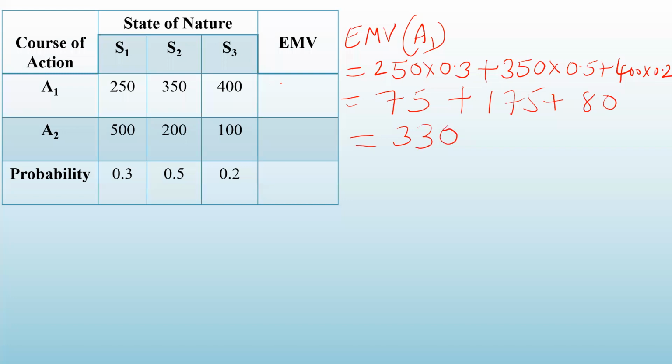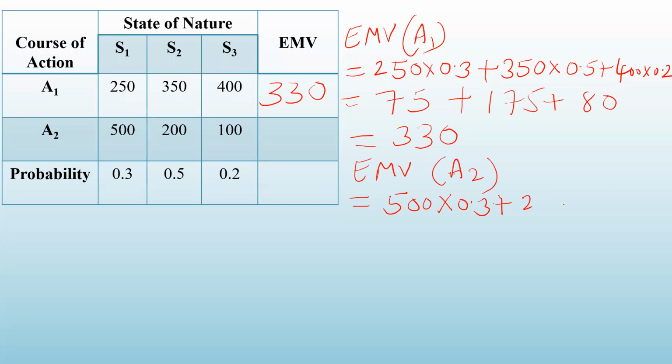330. So EMV for A1 is 330. Okay. Calculate for A2. Remember, EMV stands for expected monetary value. Let us calculate 500 into 0.3 plus 200 into 0.5 plus 100 into 0.2.